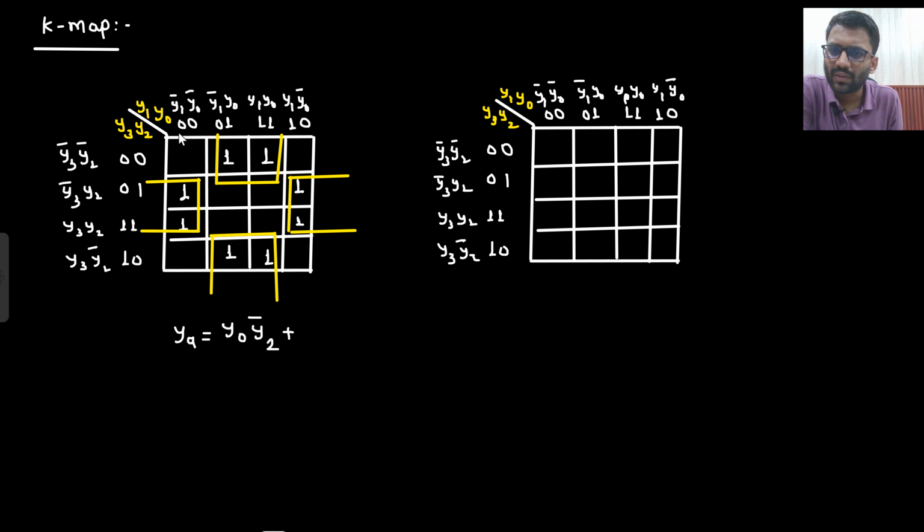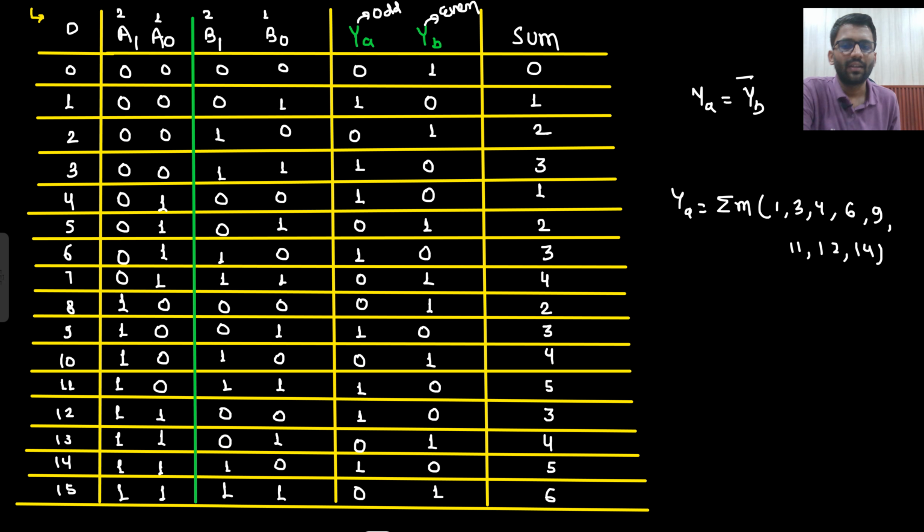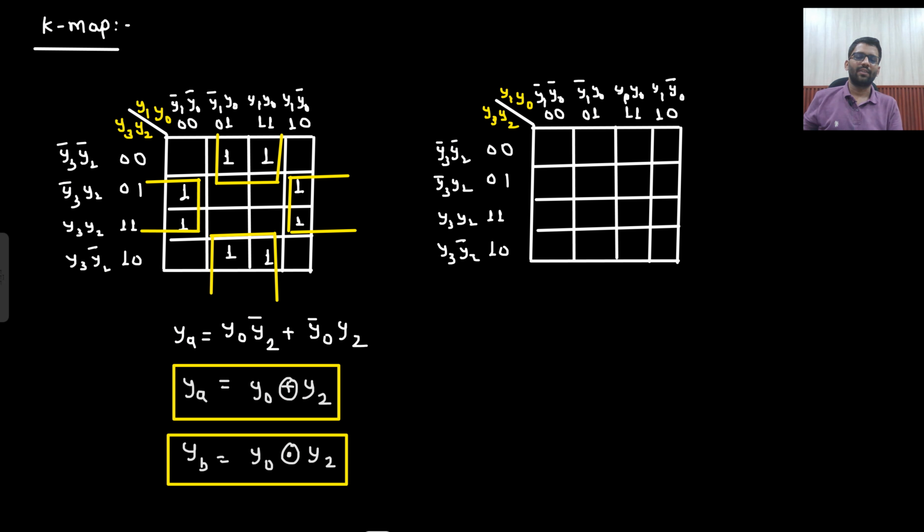Plus in this chord, Y0 bar is constant and Y2 is constant. So what are you getting? Y0 XOR Y2. So this is your YA. YA is Y0 XOR Y2. So what will be your YB? YB will simply be Y0 XNOR Y2. So we did all this calculation, then we got to know that our answer is very straightforward.